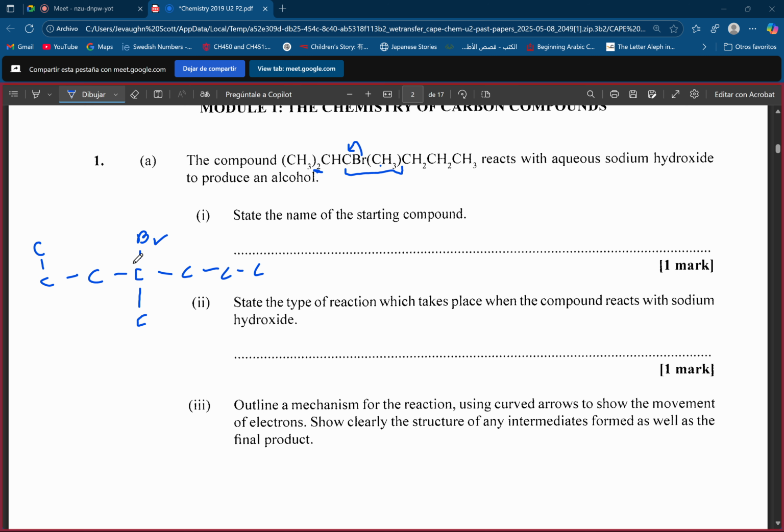Alright, but based on what I have here, whichever way you count, you're going to end up on the fourth carbon. So is there something fundamentally wrong with how this molecule is drawn? Yes or no? Anyone? We're saying it's 3 bromo. Both persons say it's 3 bromo.